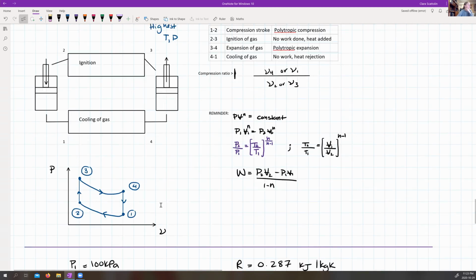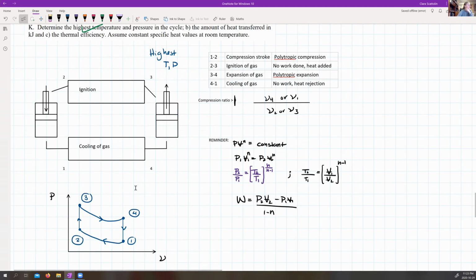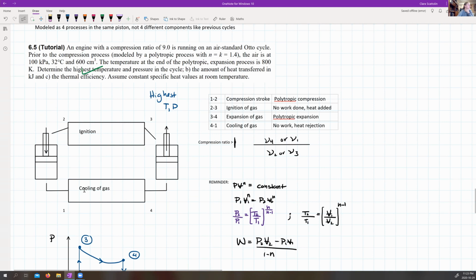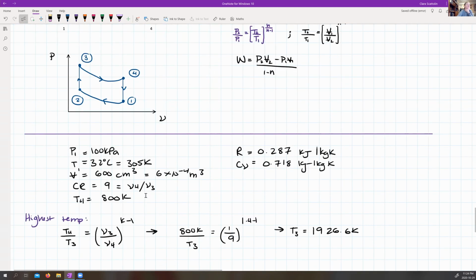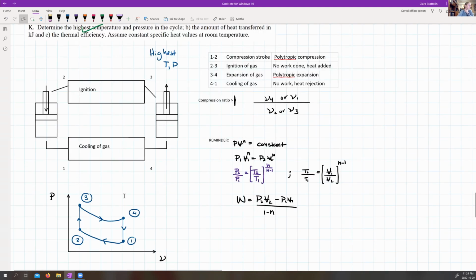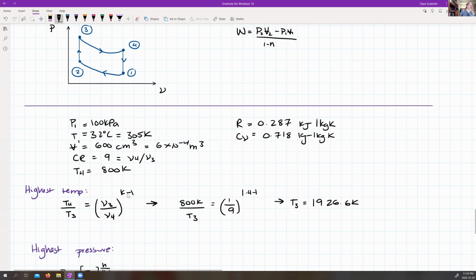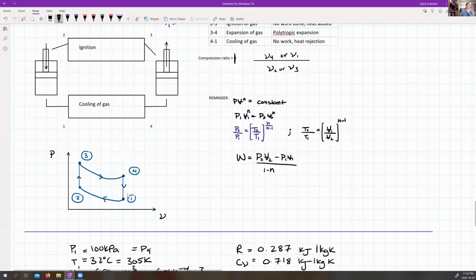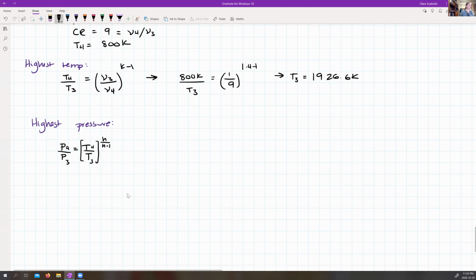And P4 is known because I know that P1 and P4 are equal, because the cooling and heating processes happen at a constant pressure. I know that P4 is also equal to P1, right? Because the cooling happens at a constant pressure. So I know that P4 is 100 kPa.